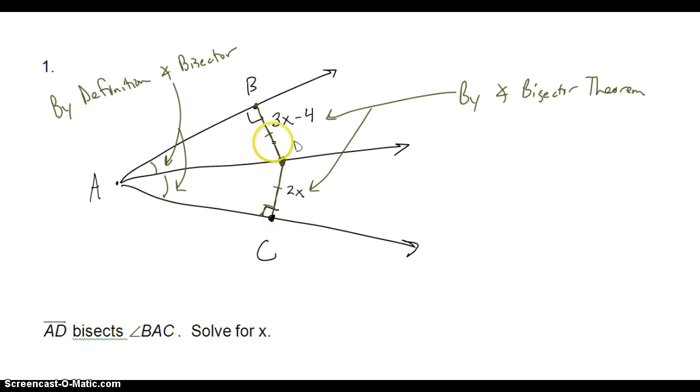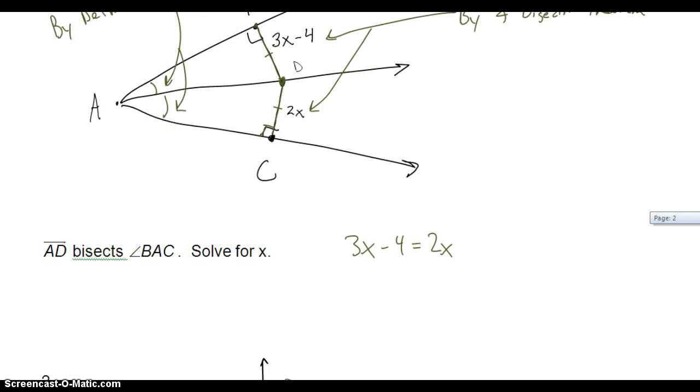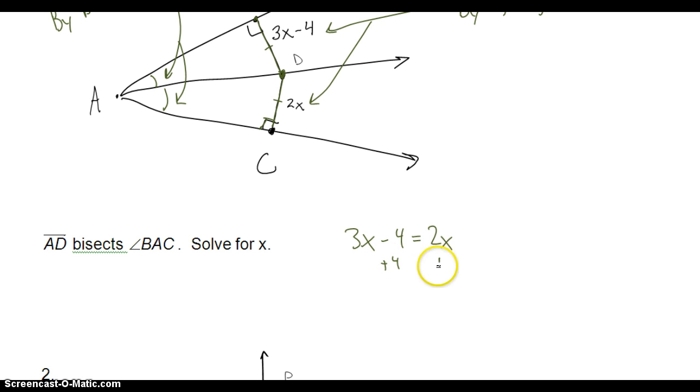Well, if these two line segments are equal, I can say that 3x minus 4 equals 2x. And I can solve for x. So x equals 4.